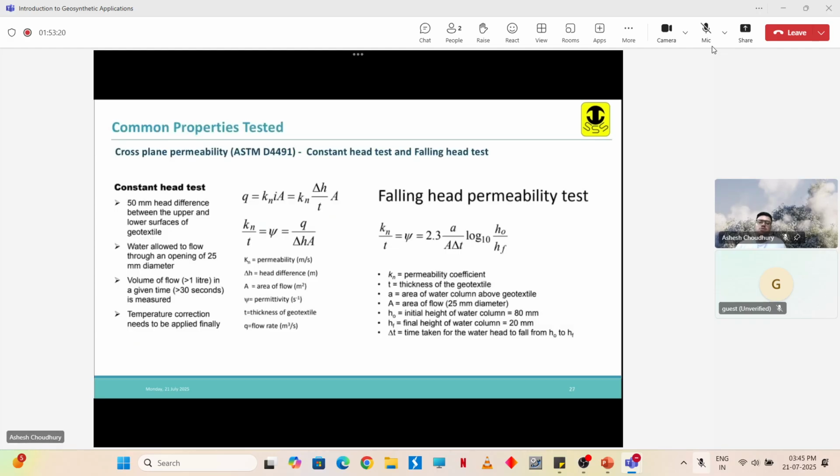So Q, the flow, is equal to KiA. K is the permeability, i is delta H by T, where T is the thickness, and A is the cross sectional area.